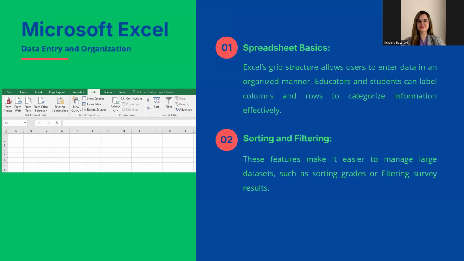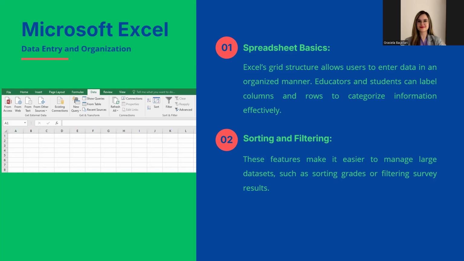Let's see some of the Excel core features. First is data entry and organization. Excel has a structure with rows and columns that makes it easy to input and categorize data. Educators and students can label columns and rows to categorize information effectively.